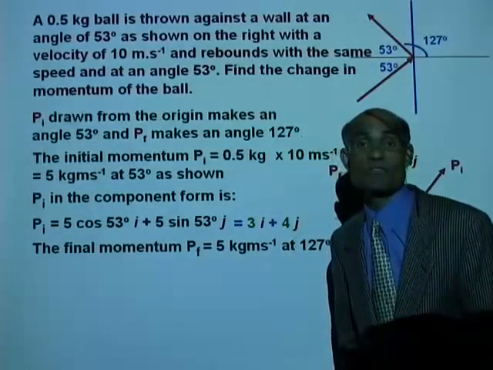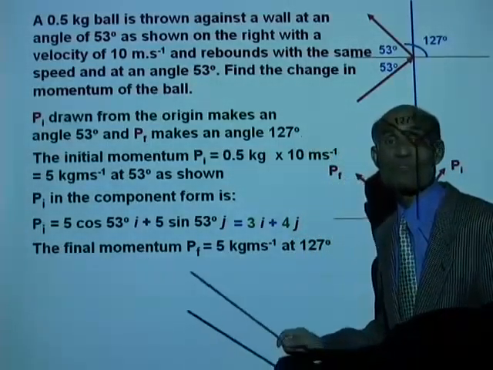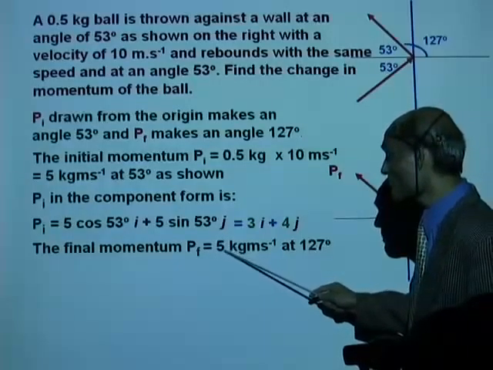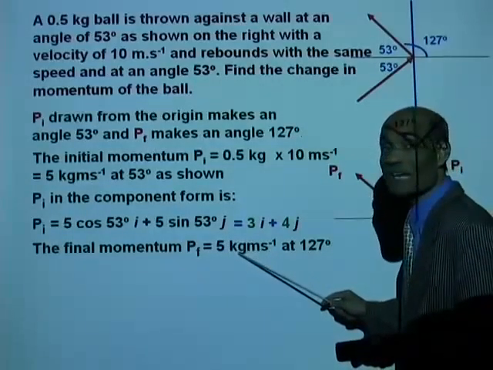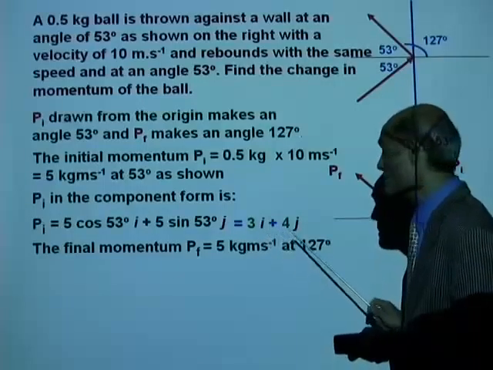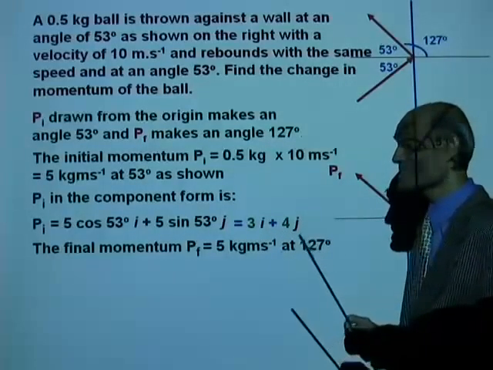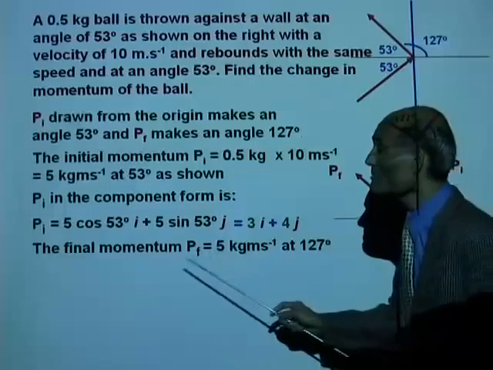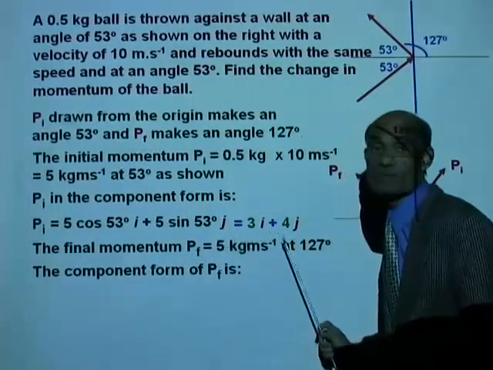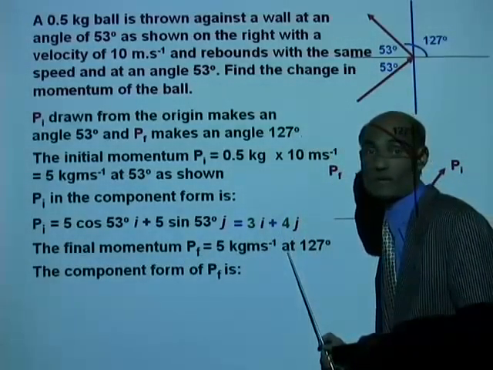Similarly, let's write the final momentum in the component form. PF is 5 kilogram meter per second at 127 degrees. In the component form, it will be, alright, can you write that?